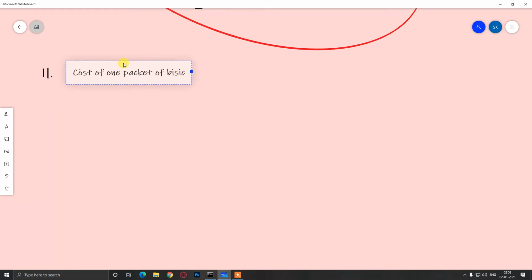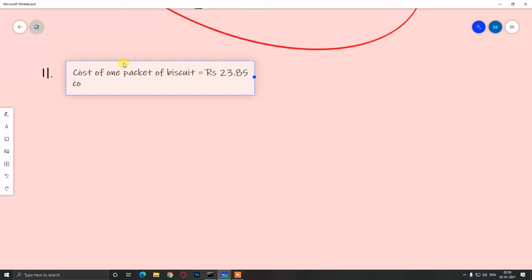Each means one, okay? Each means what? One. Cost of one packet of biscuit is equal to rupees 23.85. So we have to find the cost of 16 such packets.